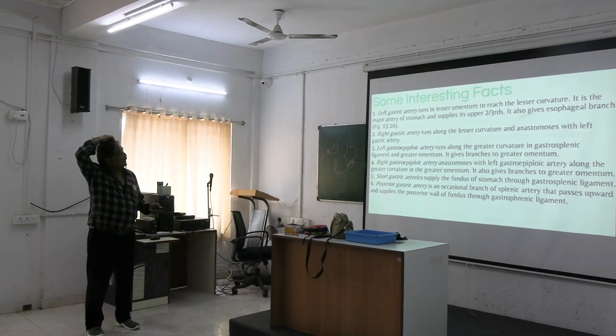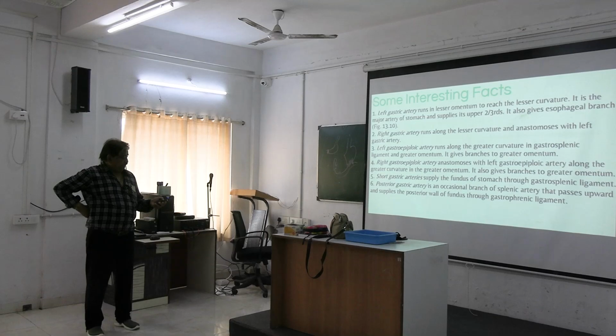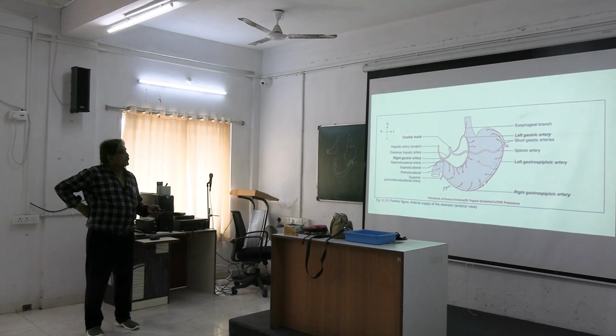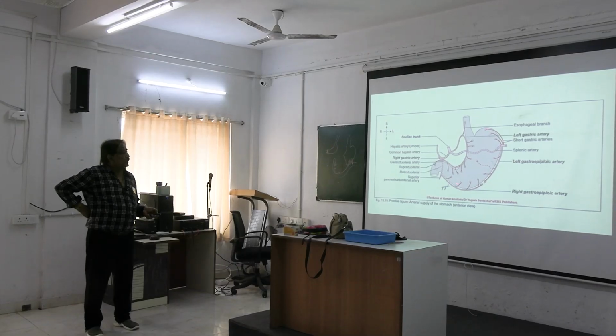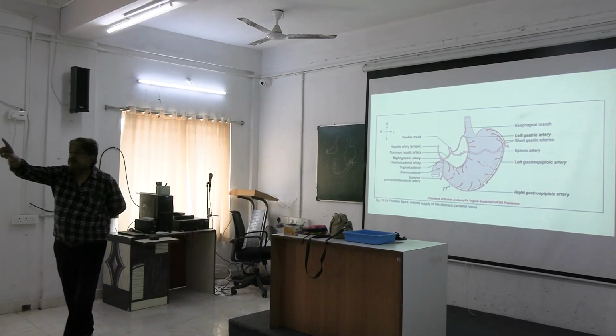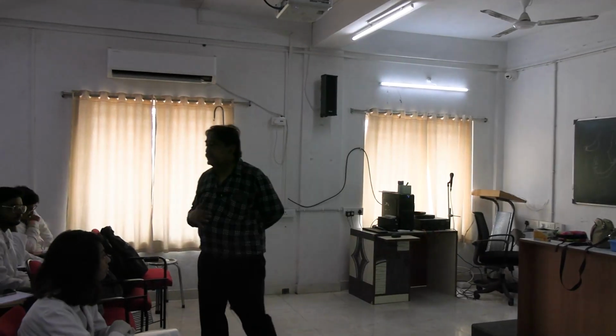Now see the arterial supply here. In the dead body, if the stomach is there, you can see it. Take a look. And when you get an opportunity, wearing a pair of gloves, when you get to see as an observer, have a look at all of them, pulsating.